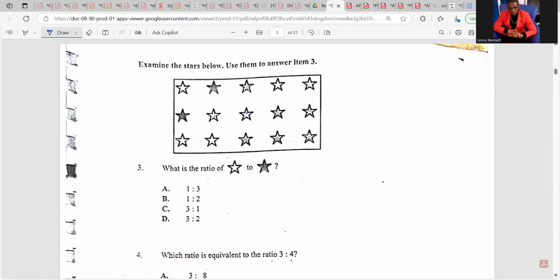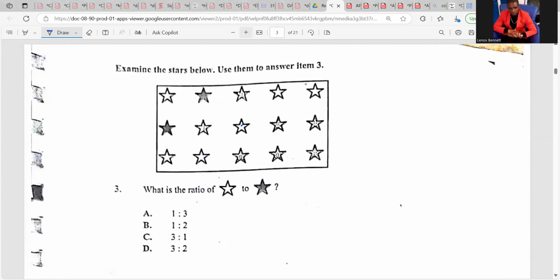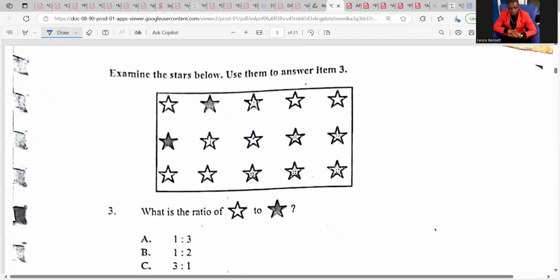Let me try to zoom in a bit, guys, because I think there are different types, you know. I just realized that.